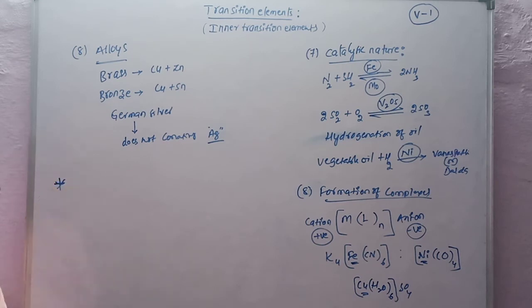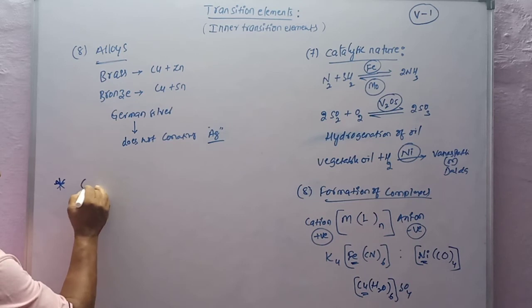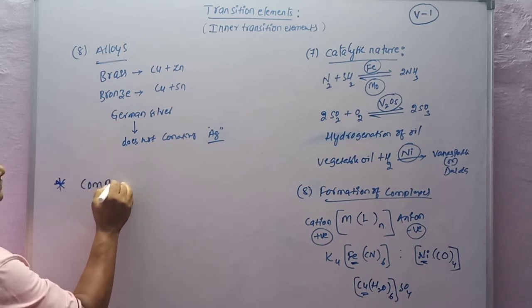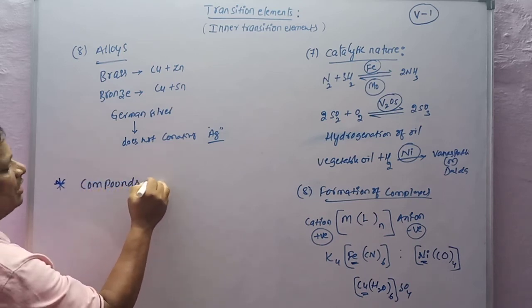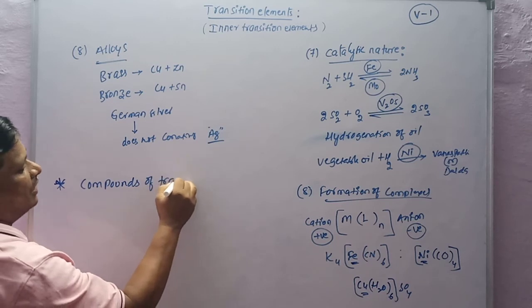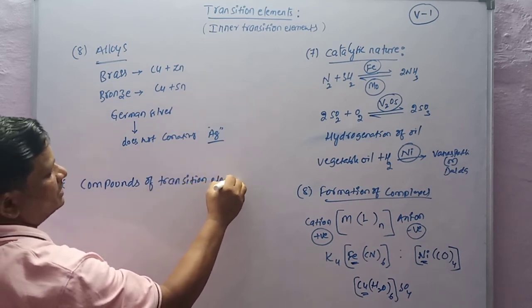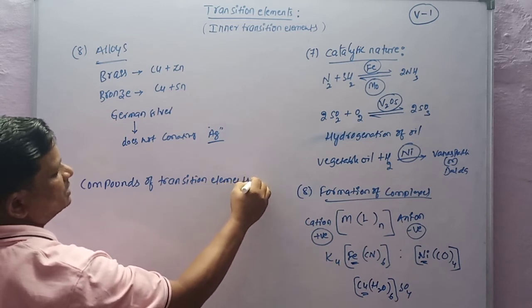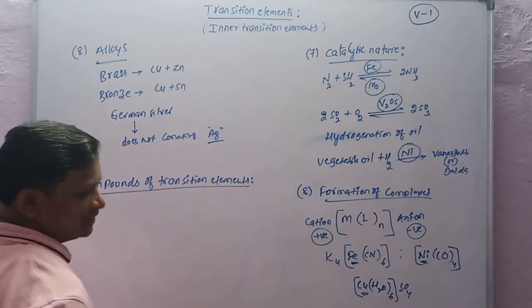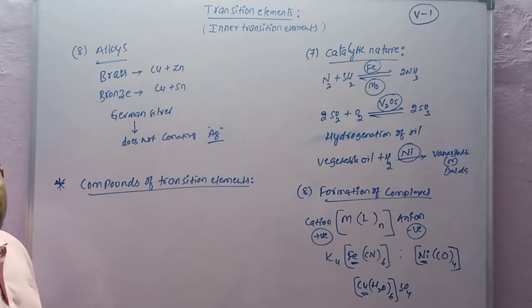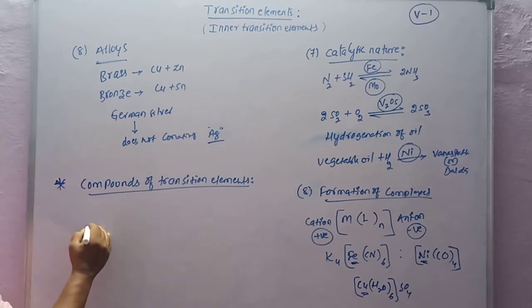So next one is compounds of transition elements. Mainly, the compounds of transition elements are oxides.